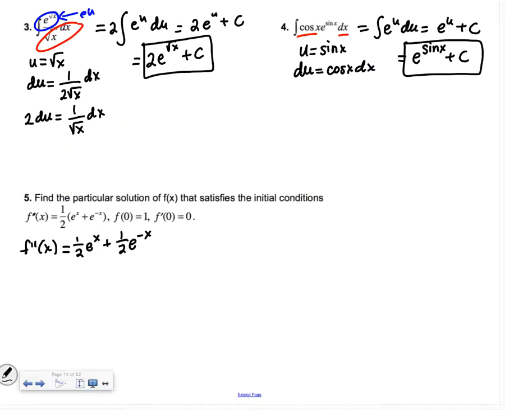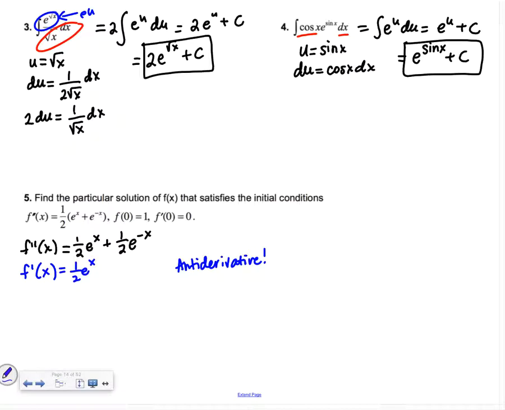Okay? And I'm going to take the antiderivative to get the next thing. I want to find what f prime is equal to. Okay, so I'm finding the antiderivative. I'm integrating. So when I do that, what do I get? How about the 1/2 e to the x? What's its antiderivative? It's not hard. 1/2 e to the x, it's itself, right?